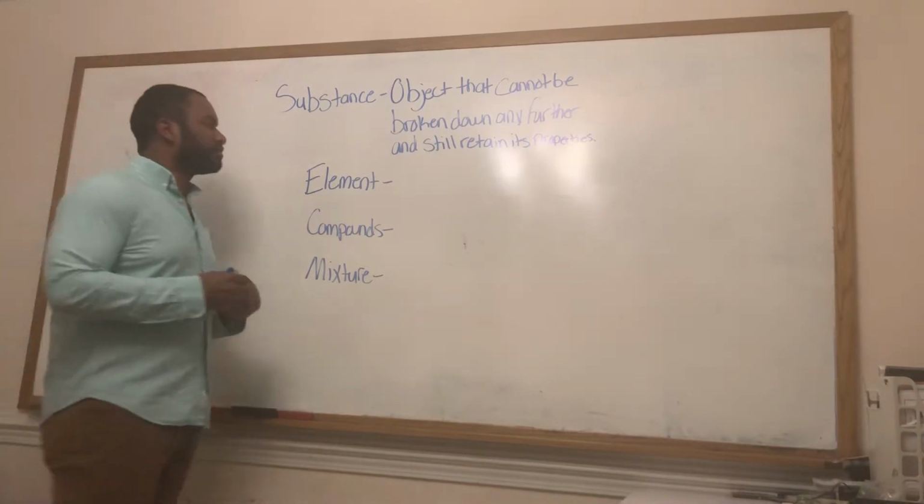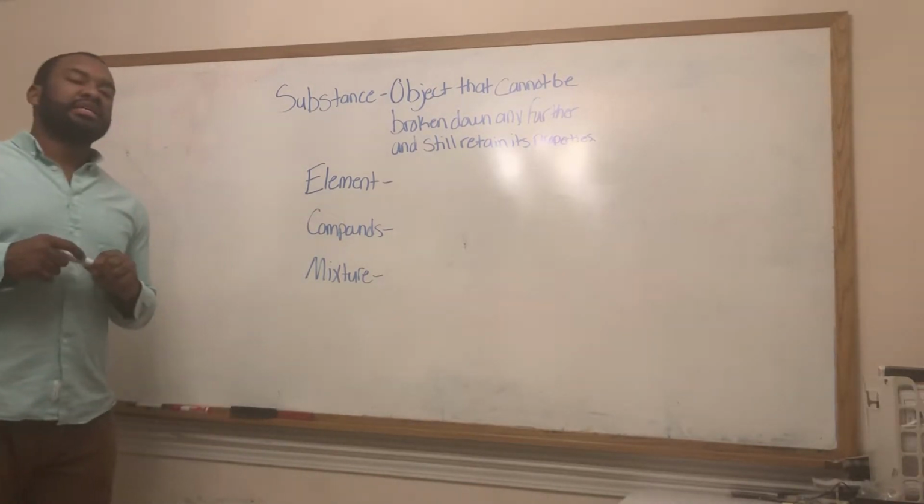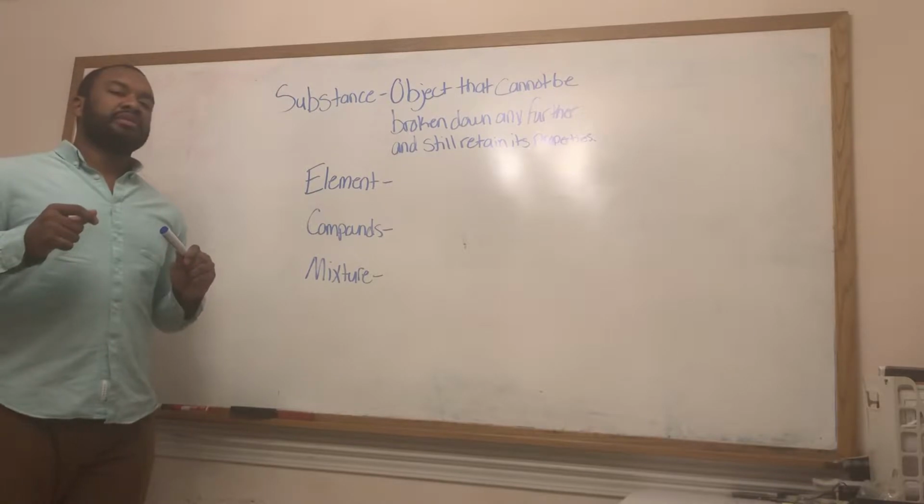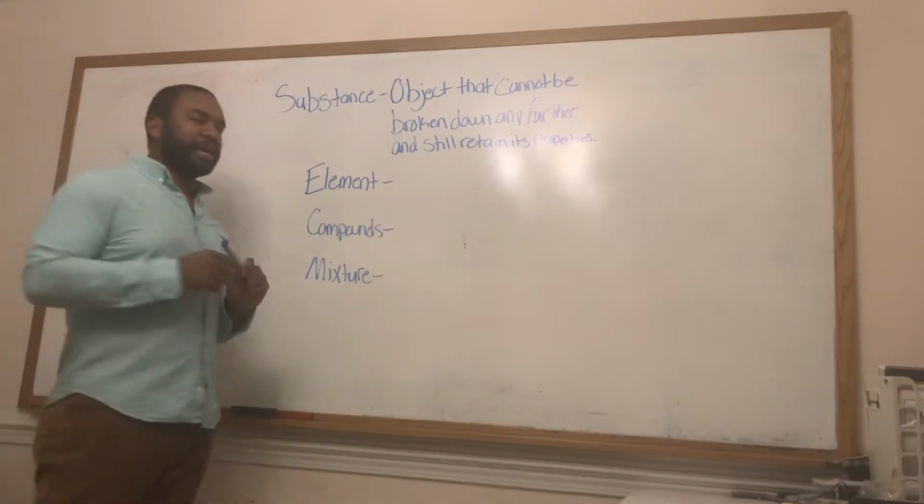And I'll define them right now. So an element is compositionally made up of one atom type.